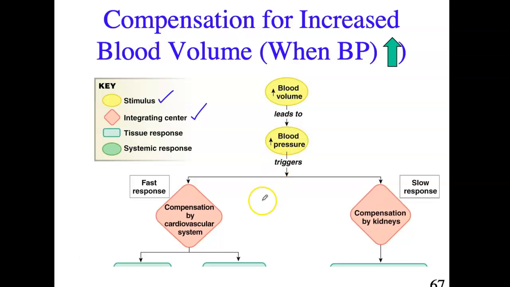In this case, I'm giving you two of them, because one is a fast response and one is a slow response. While the slow response is initiating its response, the fast response can already be working on remedying the problem. So that is compensation by the cardiovascular system.